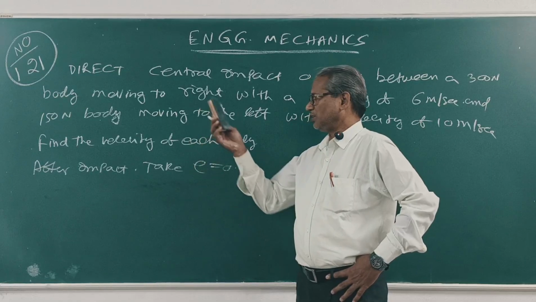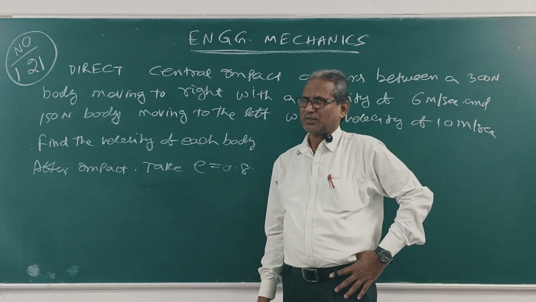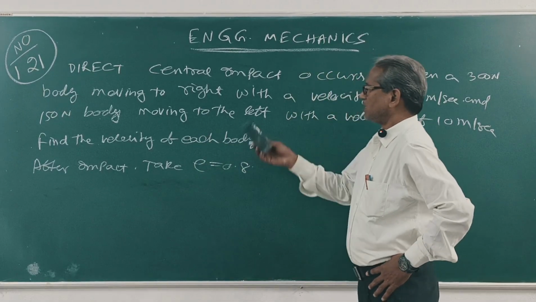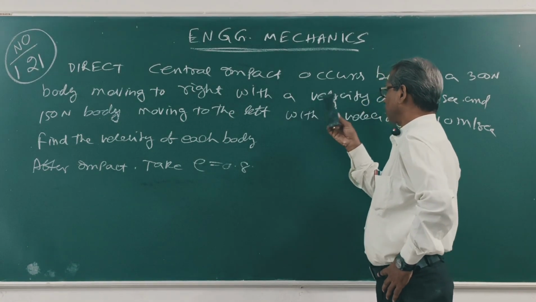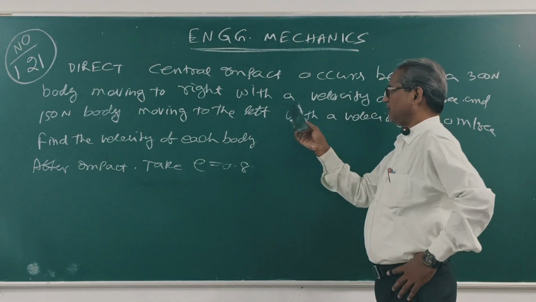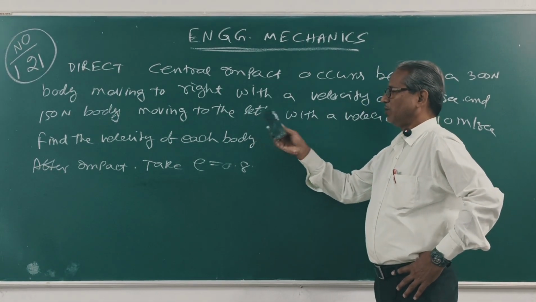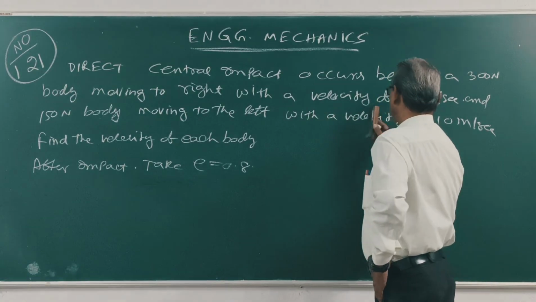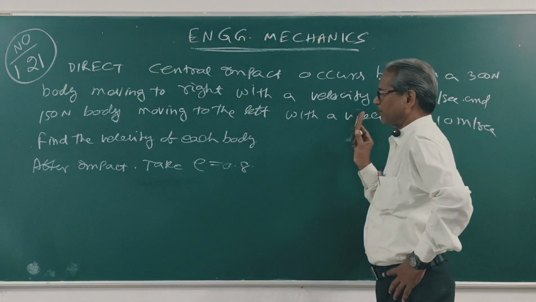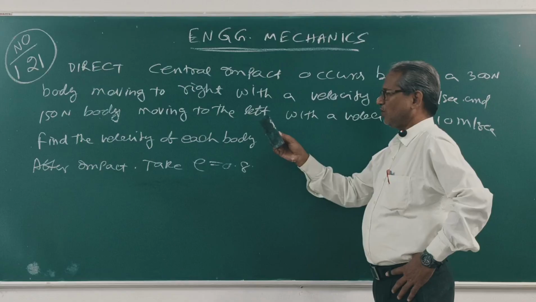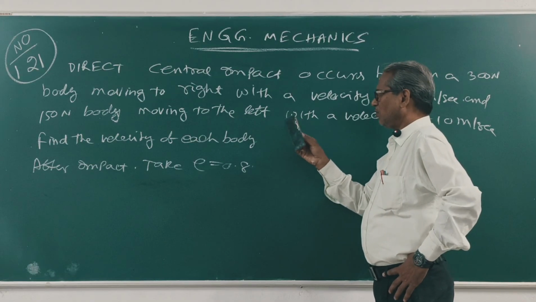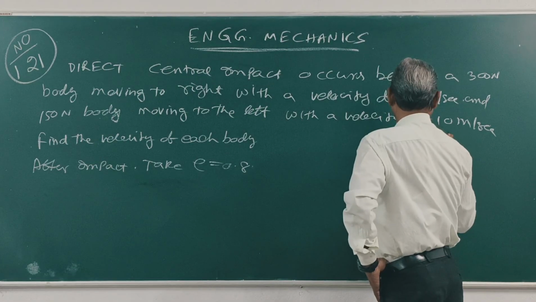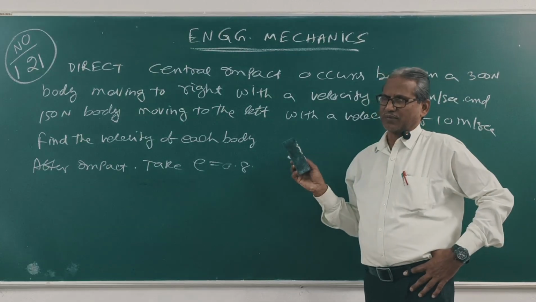Now this is question 121, right? The question is: direct central impact occurs between a 300 Newton body moving to right with a velocity of 6 meter per second and a 150 Newton body moving to left with a velocity of 10 meter per second.